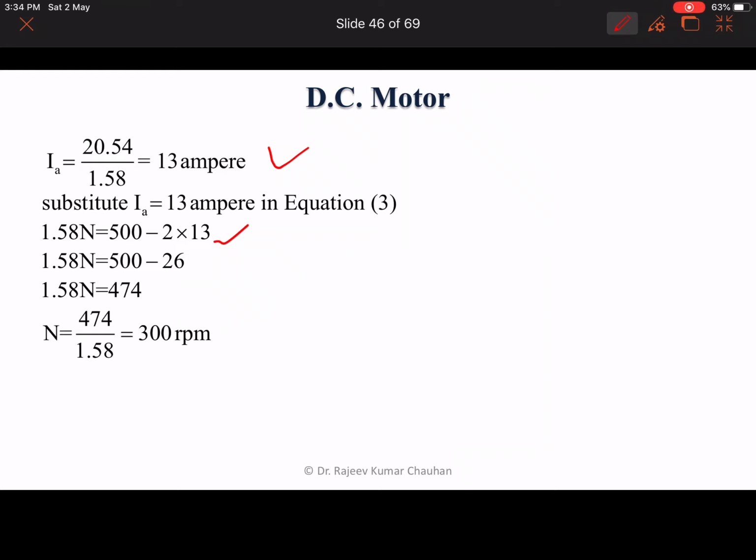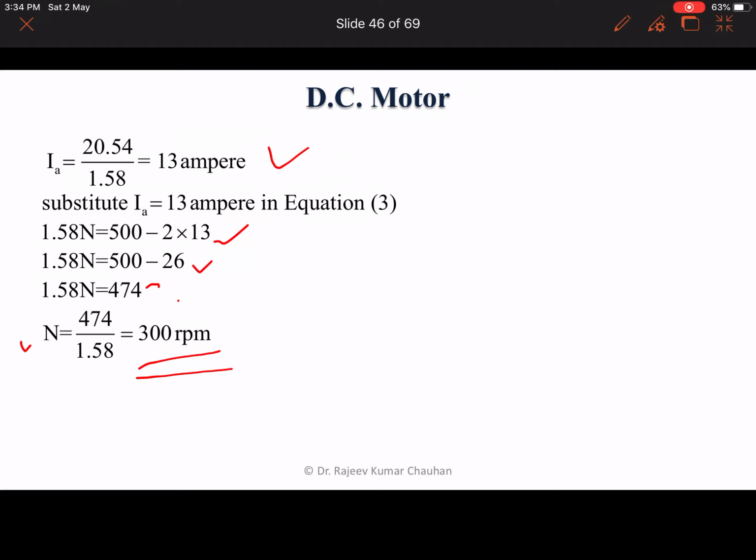So 1.58 N is equal to 500 minus 26, or we can say 1.58 N is equal to 474. So from here we can get the value of N is equal to 474 divided by 1.58 is equal to 300 RPM. So the speed of the motor is 300 RPM.